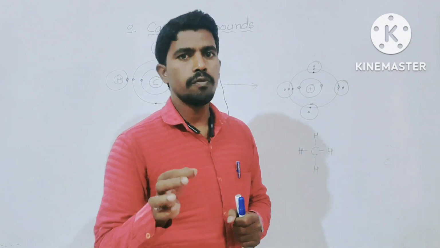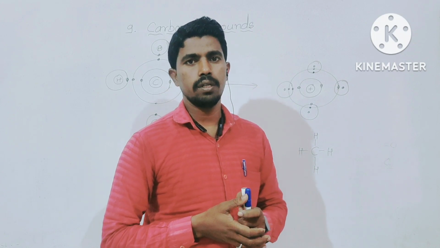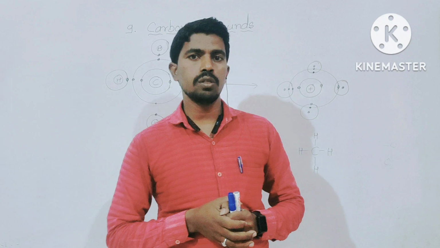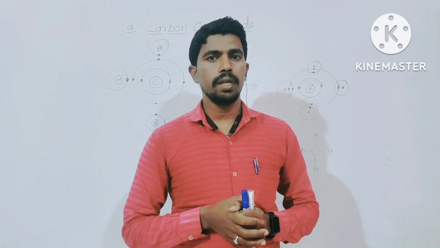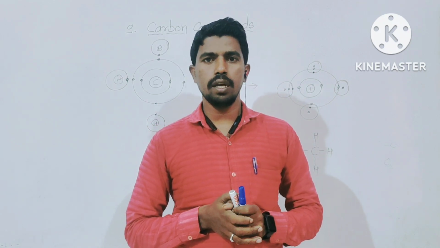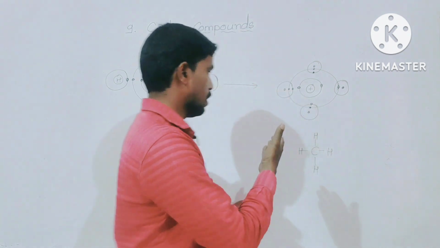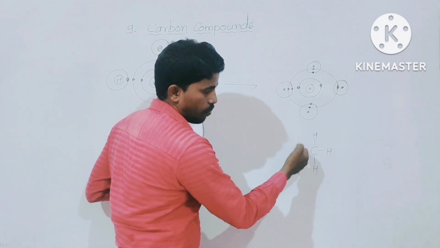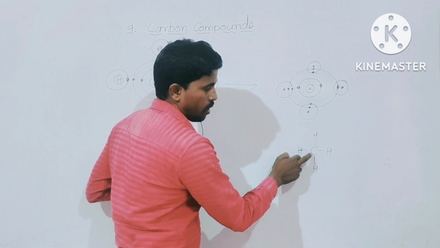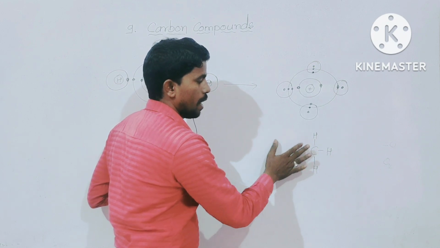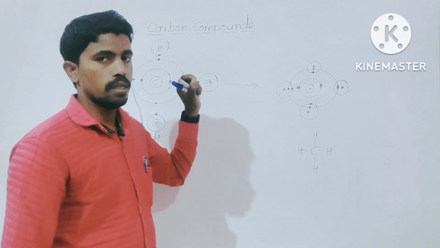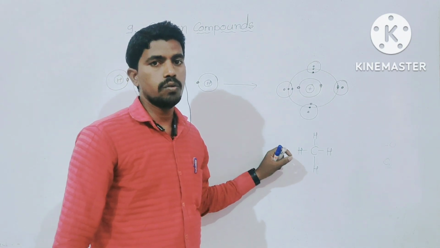The simplest and fundamental hydrocarbon is methane, which is formed by the combination of 1 carbon atom and 4 hydrogen atoms. For example, here this is the methane. Methane is the simplest and fundamental organic compound.